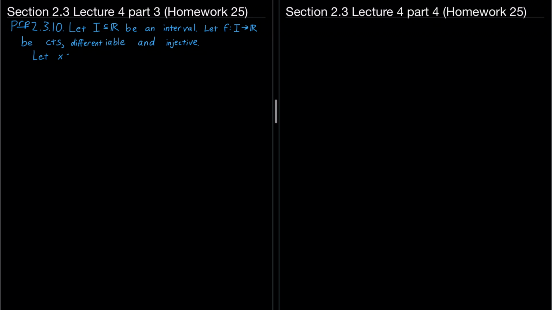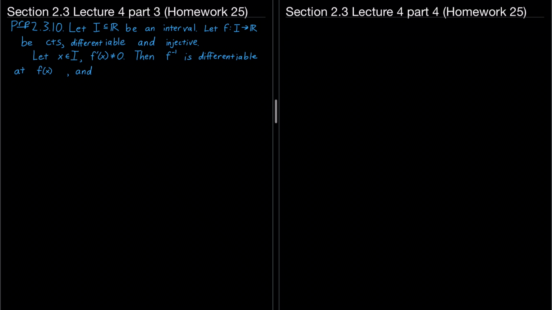Let's let x be a point in our interval, and we'll assume that f prime of x exists, because we're assuming f prime exists everywhere, so let's assume f prime of x is not equal to 0. And the conclusion is that then f inverse is differentiable at the point f of x.